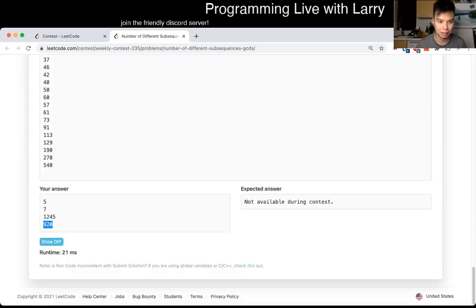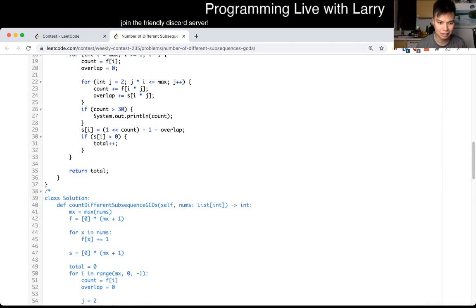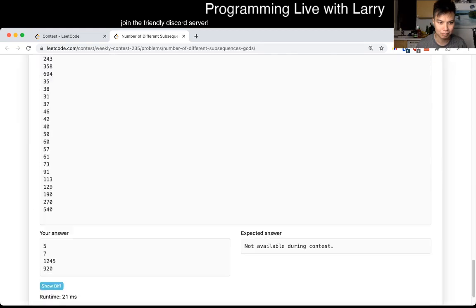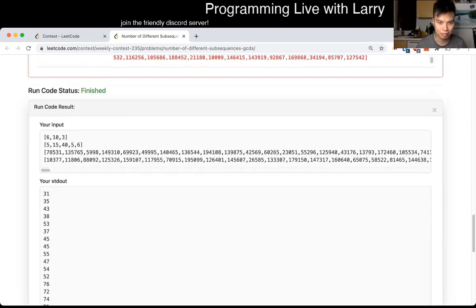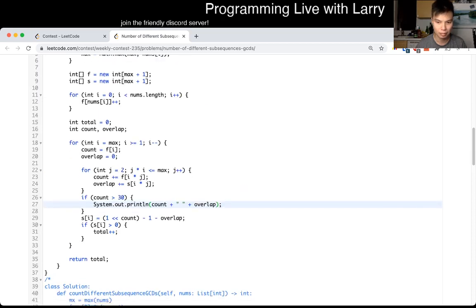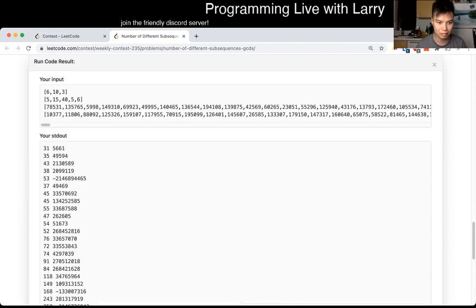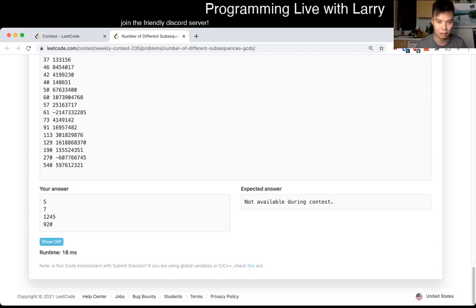It's pretty fast, but this is gonna overflow, so I need to be smarter about it.